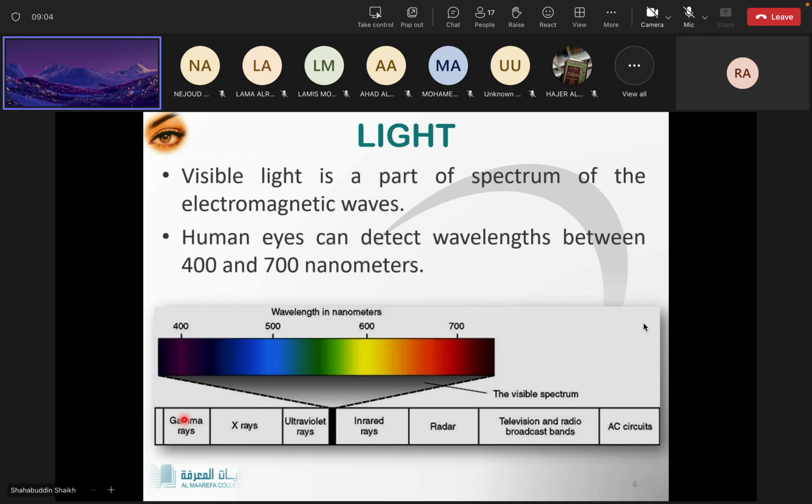Electromagnetic waves having certain wavelength are called gamma rays, some certain are called X-rays, some are called ultra waves because of the different wavelength. There is a very small band between 400 and 700 nanometers. This band is called visible light because our receptors can detect this frequency from 400 to 700.